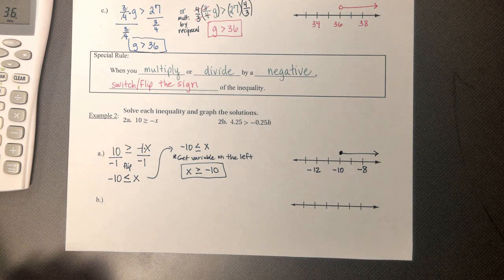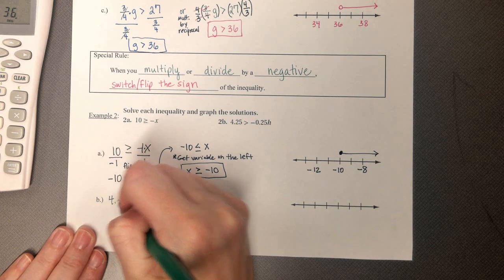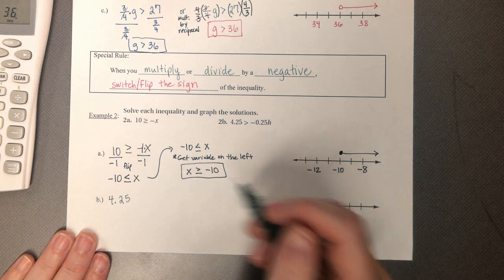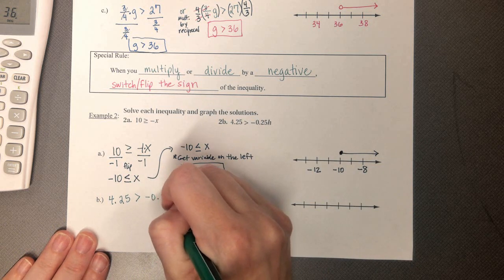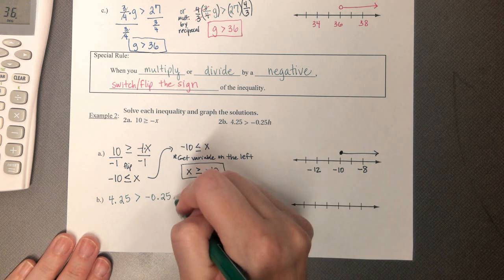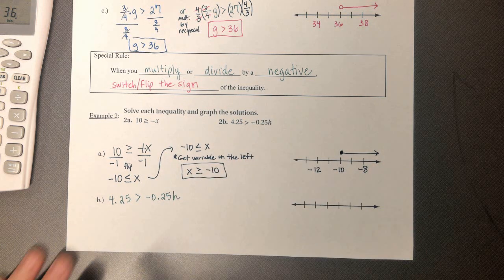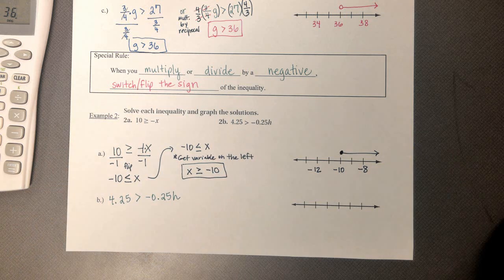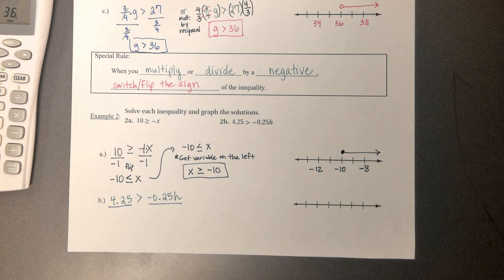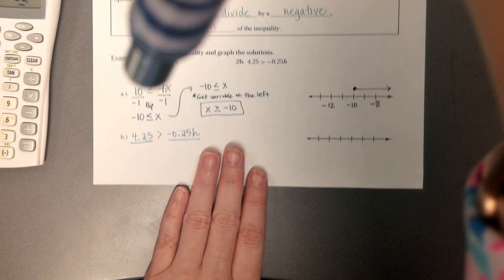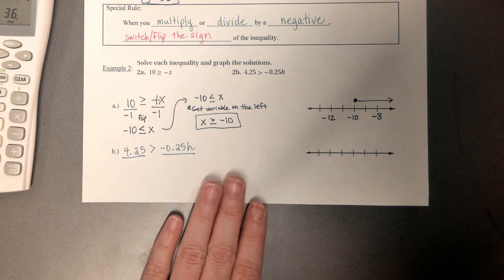Okay, and then for 2b, even though it has decimals, it is the same step. So will you guys divide each side by the correct decimal? Okay, so you're multiplying, so you have to divide. Okay, so will you divide each one of those, please?